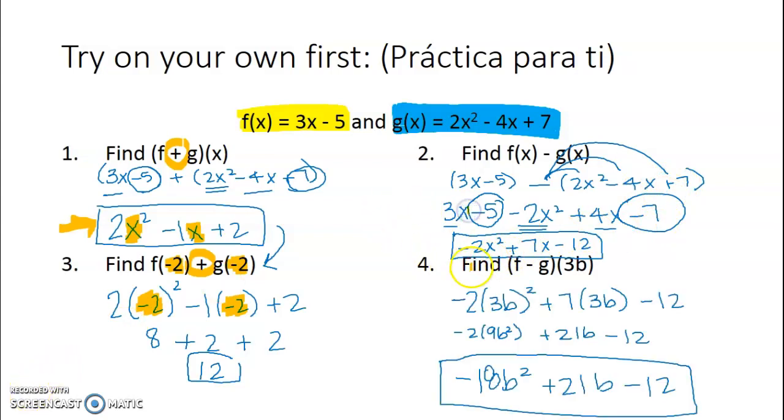On the last problem, instead of x's up here, I'm now using 3b. So I replaced this x with 3b. I replaced this x with 3b. And then I continued to solve the problem.